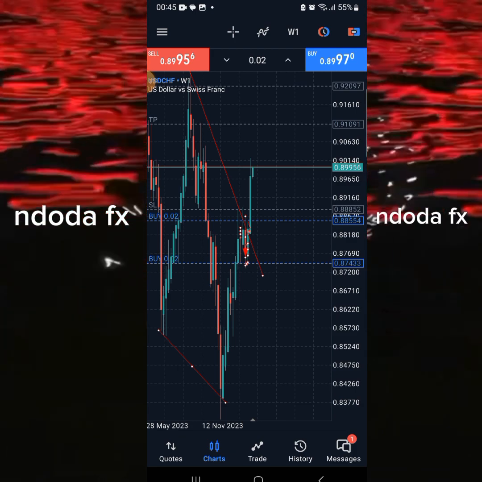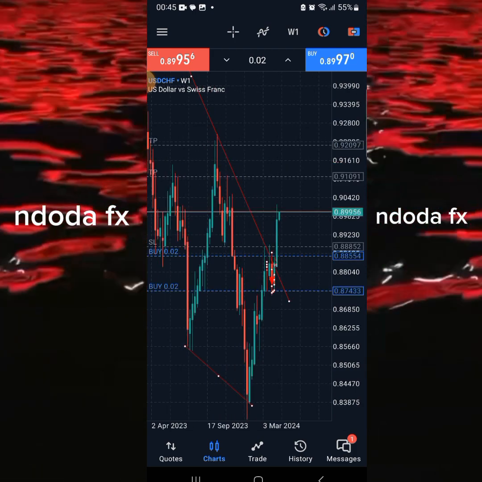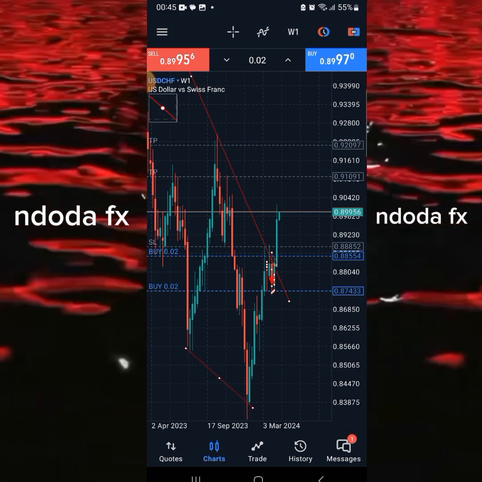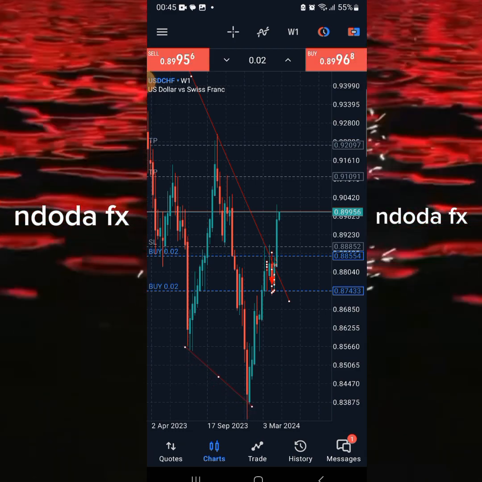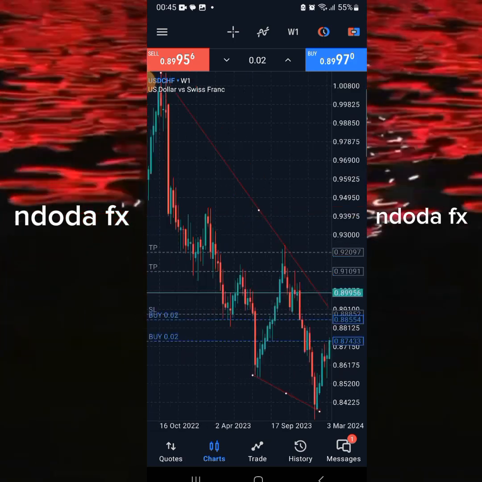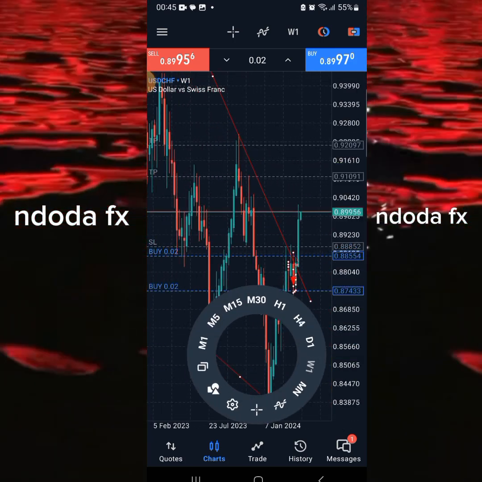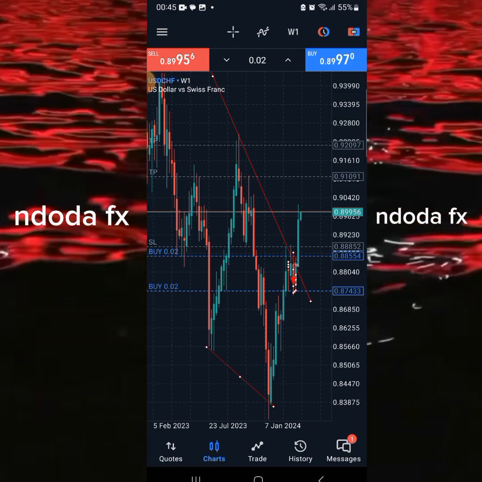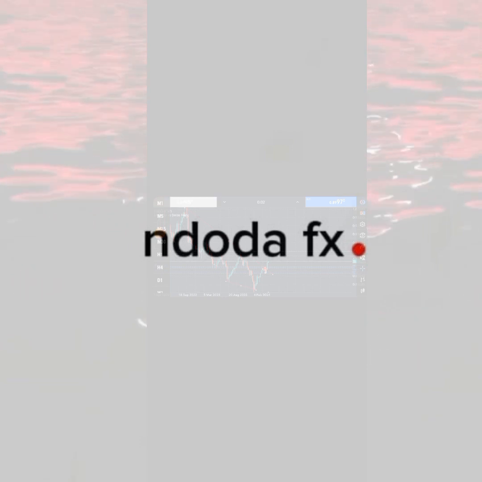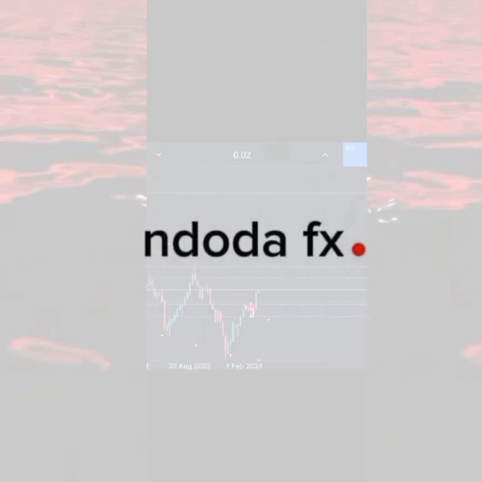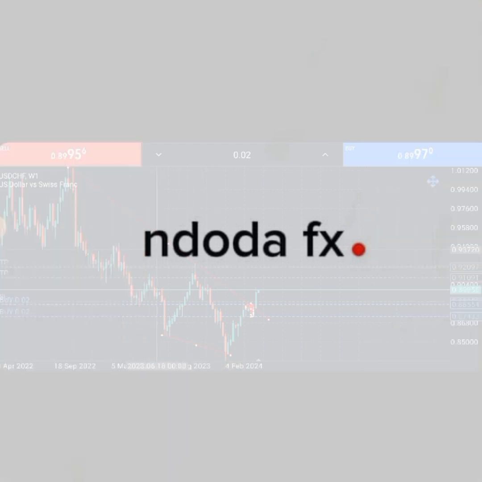And you can also see how beautifully it broke out on this trend line, out of this descending trend line.